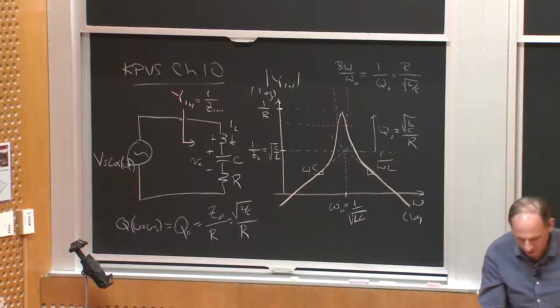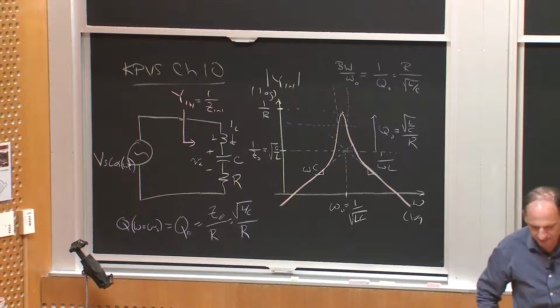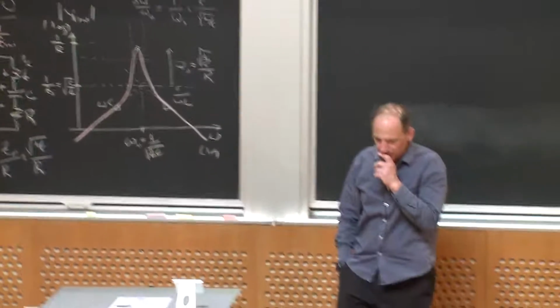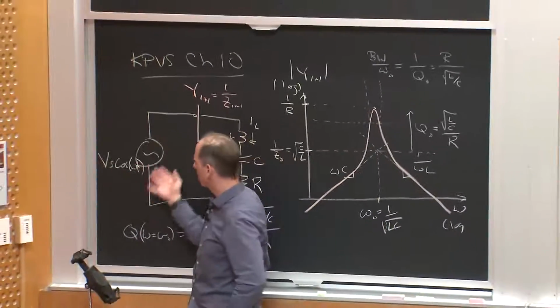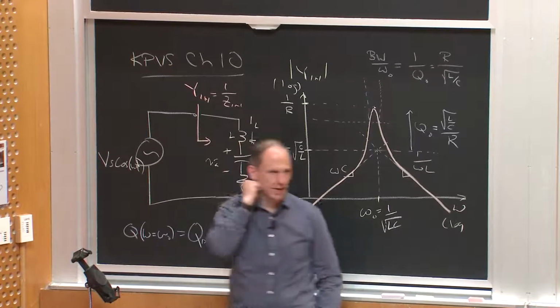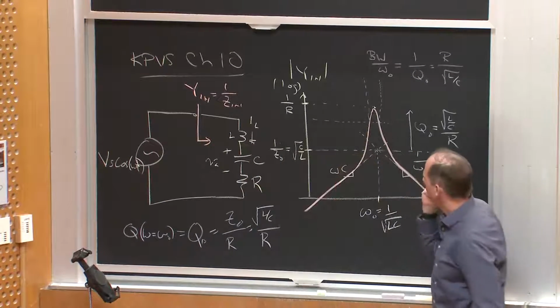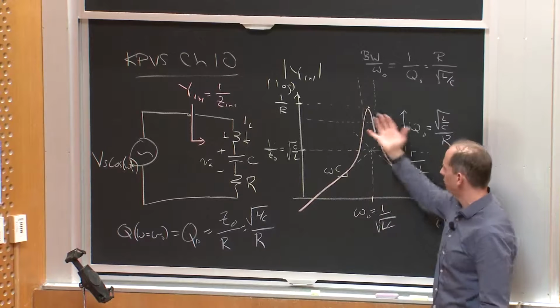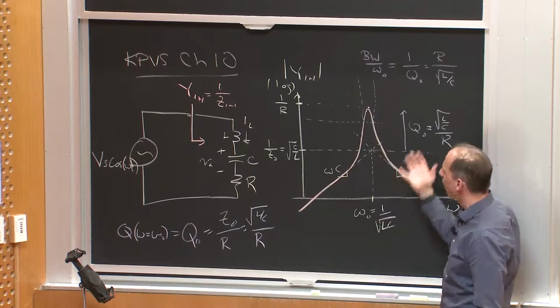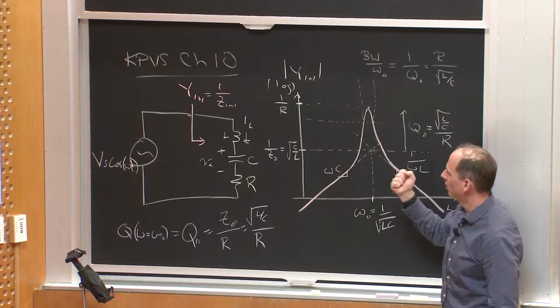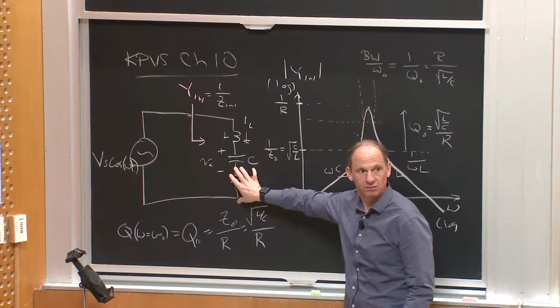So let's think about a basic design. Here's what we might do. How am I going to get this drive? Well, it doesn't have to be a sinusoidal drive, in part because this network is very, very frequency selective. Okay, so I could drive with some other voltage waveform and extract out the fundamental component going to the resistor.